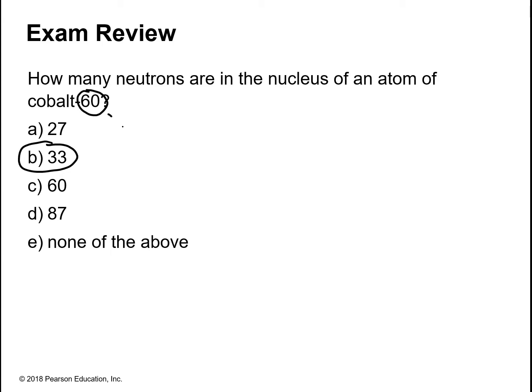This 60 here, what is that? What does it mean? We're looking at an isotope, that's right, and the 60 is the mass number. And the mass number is equal to the number of protons plus the number of neutrons.